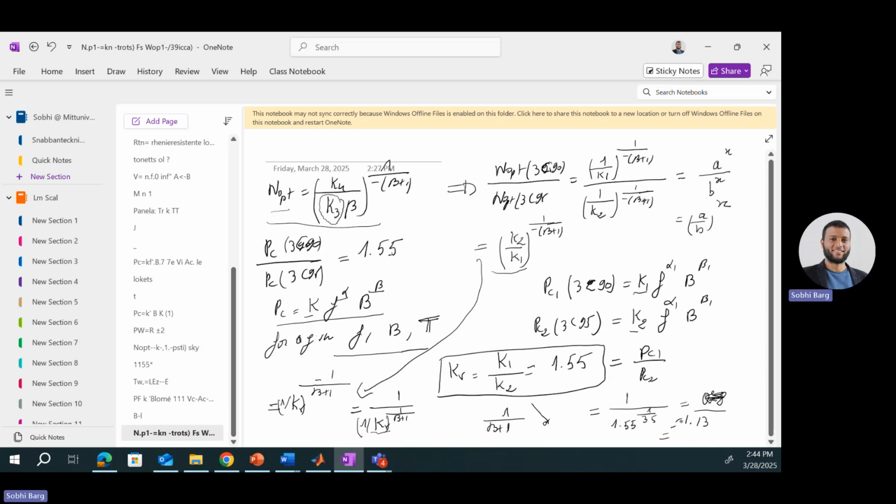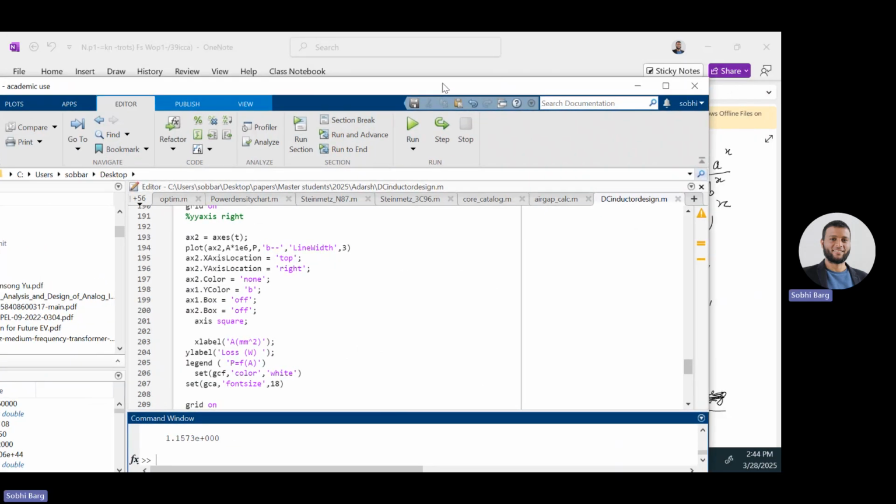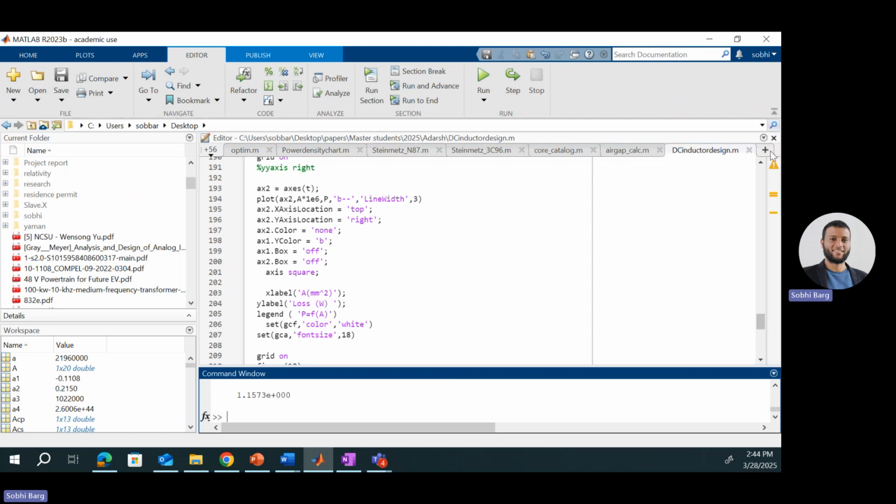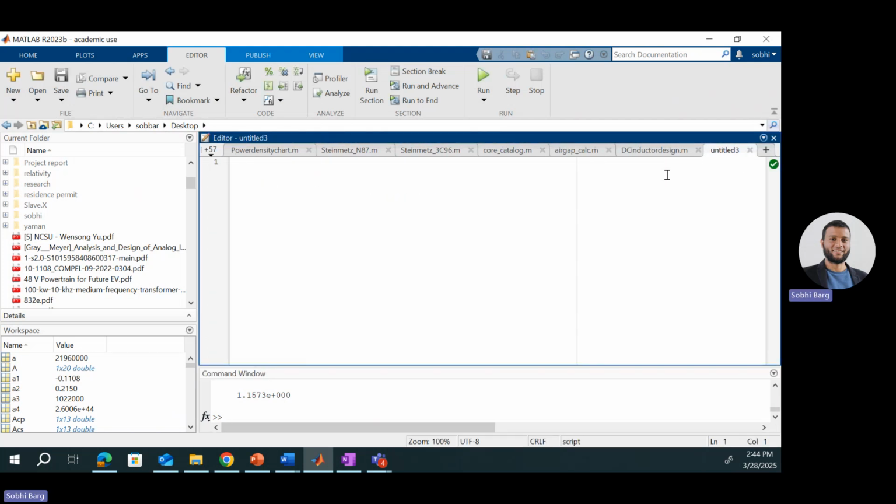For beta equal to 2, I will get 1. But also, I think I can share MATLAB here with you and maybe upload it as a function of beta to see how this term varies. So here, I can put beta as a variable varying from 2, 0, 0, 1, step of 2, 3.